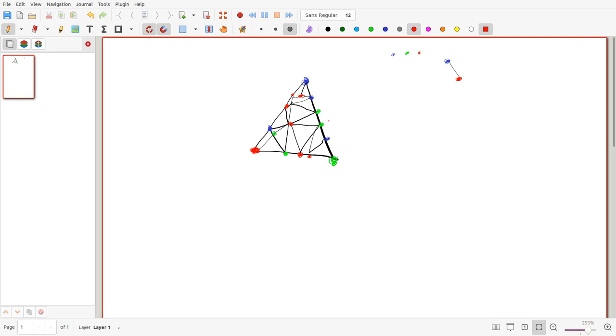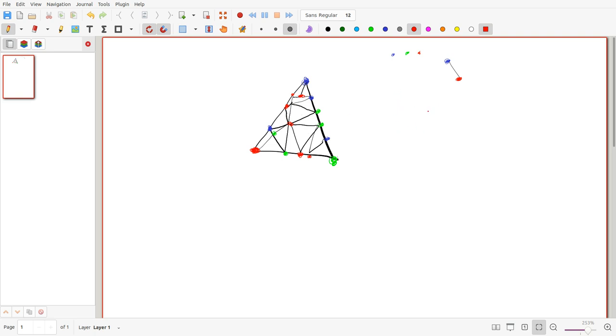What we are going to do is transform each of these smaller triangles into a node of a graph. By a graph, for those who are not familiar, I don't just mean a plot on the XY axis.